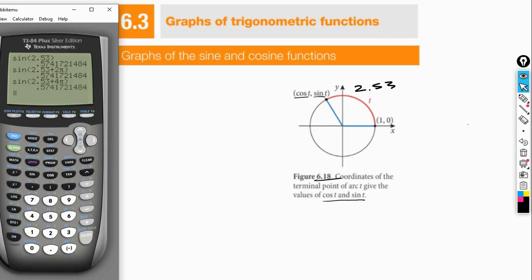We get the same result. The reason, as you know, is that the sine function as well as the cosine function have a period of 2 pi, because 2 pi is, in radians, a full revolution around a circle.